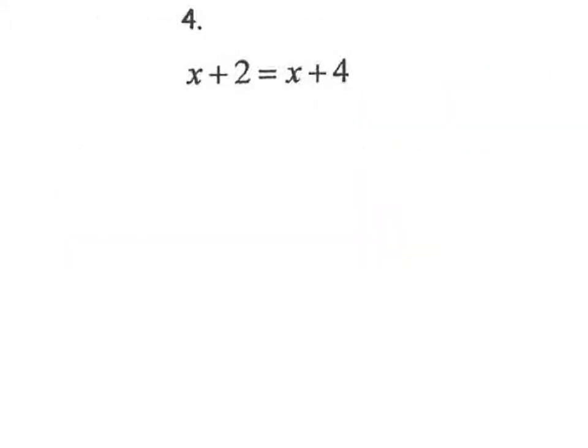Now let's look at 4. What's going to happen on number 4 is if I try to get the variables together by moving one over, they would both cancel out. And now I have no variable. Oh, I can't solve this problem if I don't have a variable.